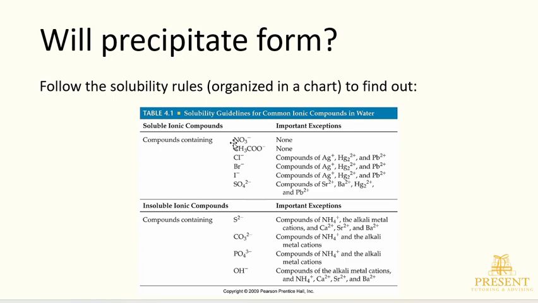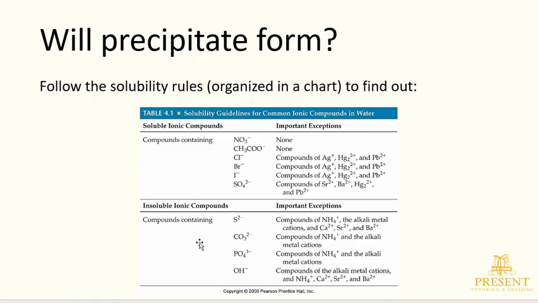So if you produce a nitrate and they ask, is this precipitate going to form? You would say no because all nitrates are soluble. All acetates are also soluble, and then our chlorides tend to be soluble with the exception of silver chloride, mercury chloride, and lead chloride. And so these are exceptions to note.